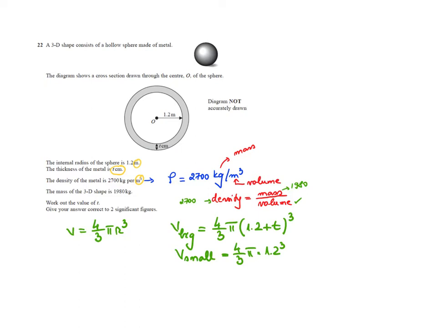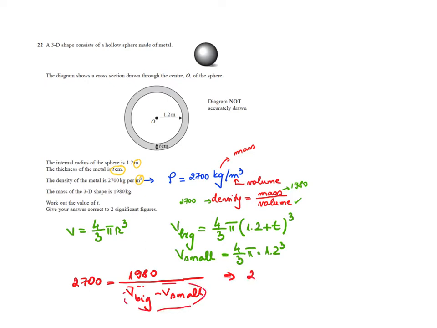So, going back to my formula there, the density is the mass over volume, and volume is volume big minus volume small. Now that's not an easy equation to manipulate, so what I can do first is get rid of the denominator by multiplying both sides by it.